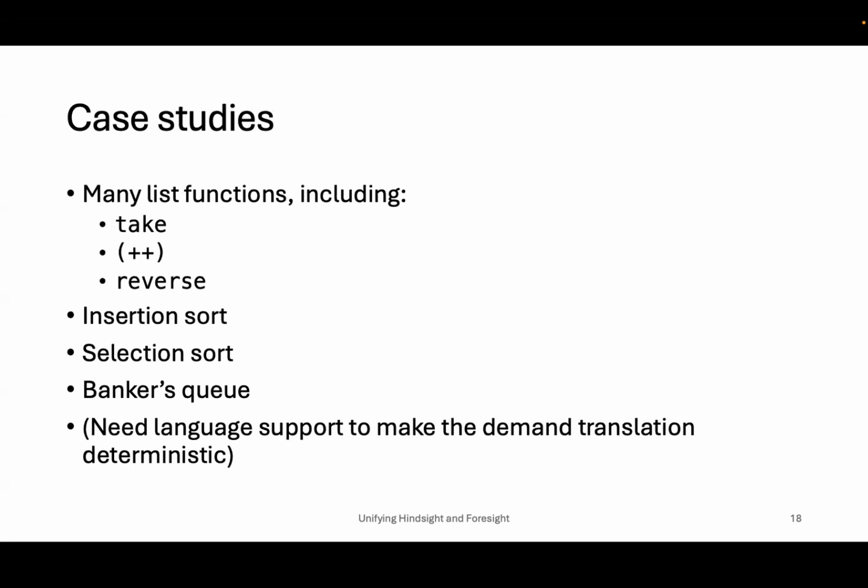We have several case studies implemented. I won't go into these in too much detail here. I do want to mention that the demand translation as presented is not completely deterministic. You need some kind of support to select one element.